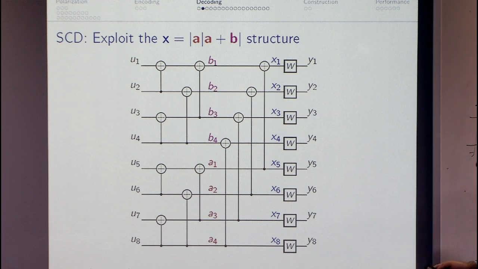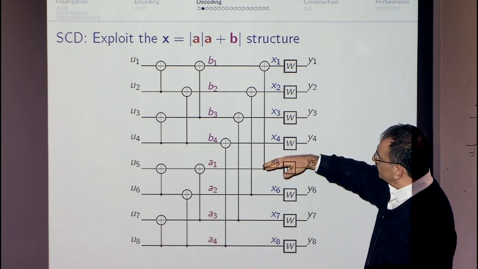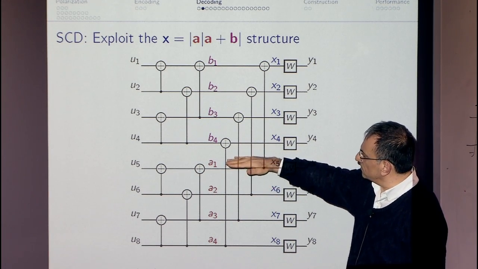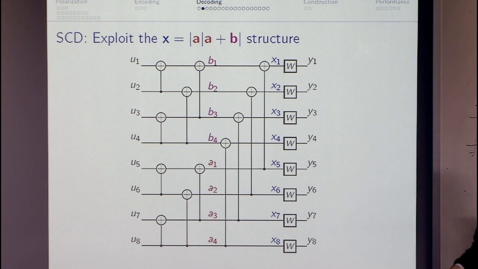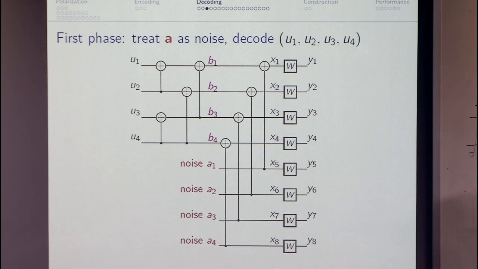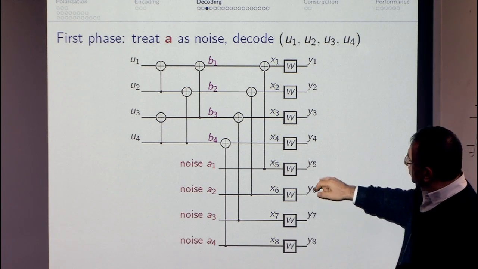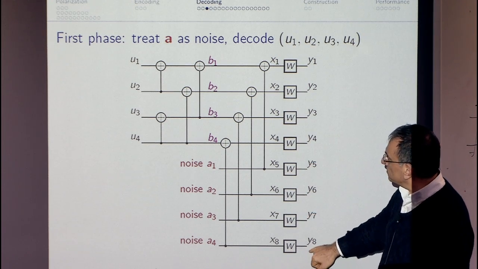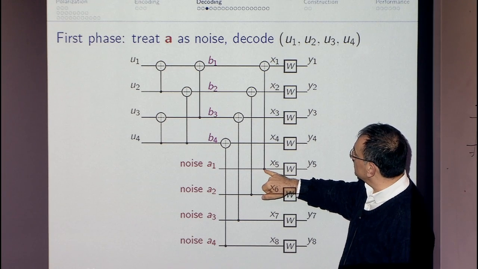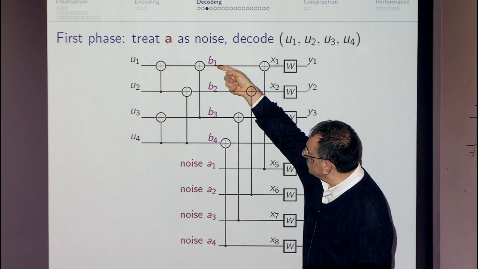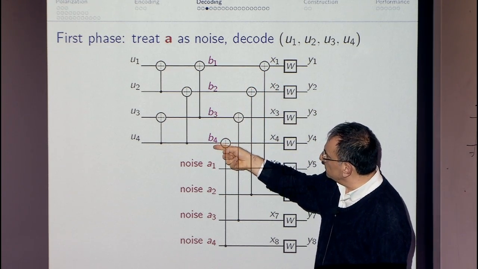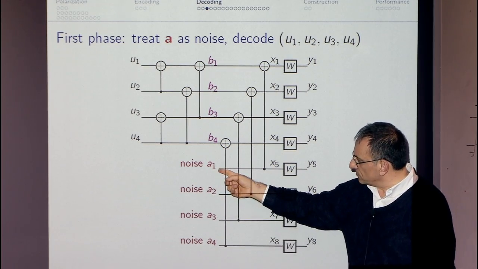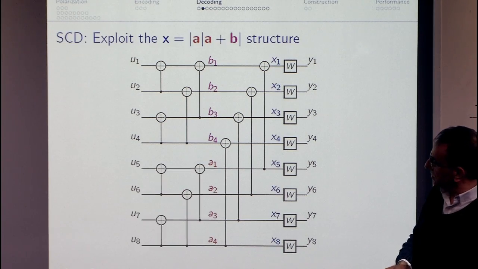So what we do is the following. It's a recursive algorithm. The decoding task for this full code is going to be broken into two similar decoding tasks. The likelihoods available at these points will be combined to compute likelihoods for B1, B2, B3, B4. So these are going to be treated as noise. These are data bits. Let's go back.